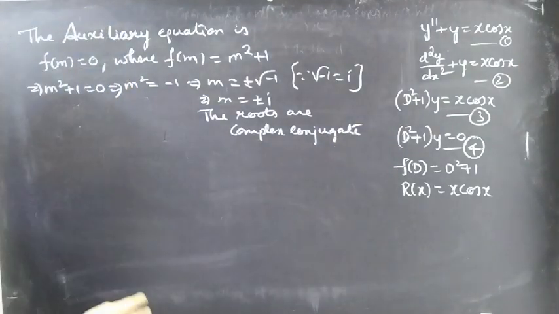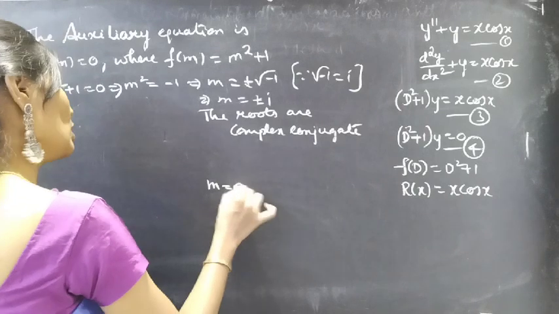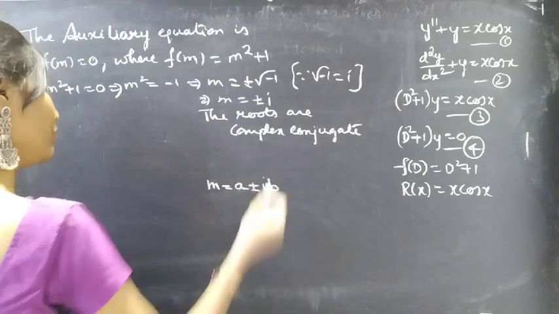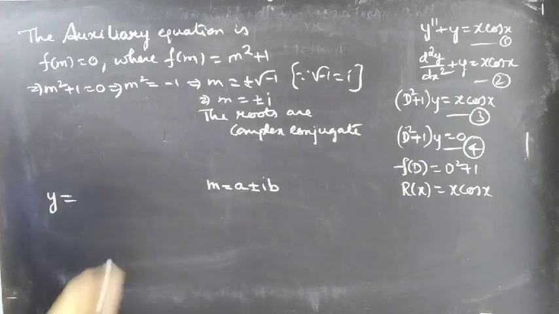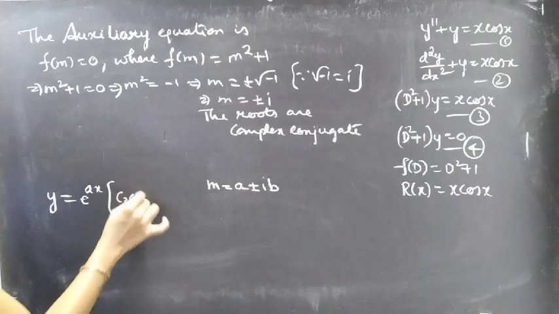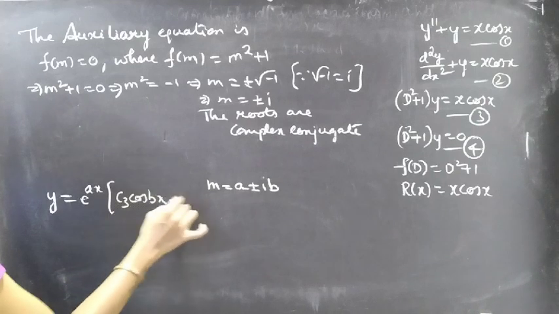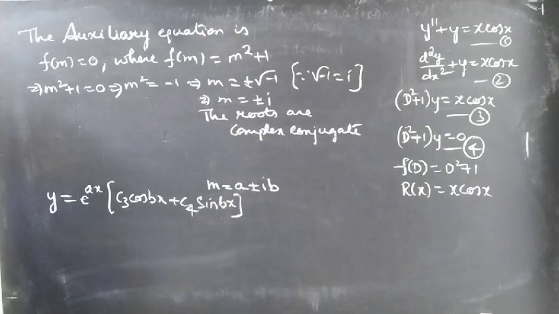We know that when two roots are complex conjugates, say a plus or minus ib, then the solution of the homogeneous equation looks like e power ax of (c3 cos bx plus c4 sin bx). Here I am taking c3, c4 instead of c1 and c2 because I want c1 and c2 to appear in the final general solution. Fine.